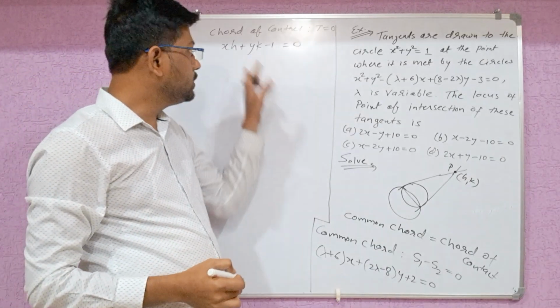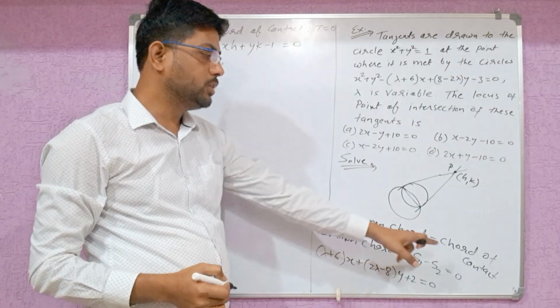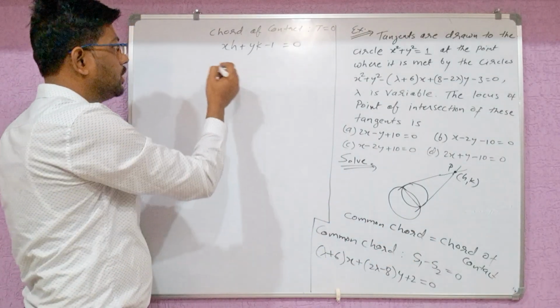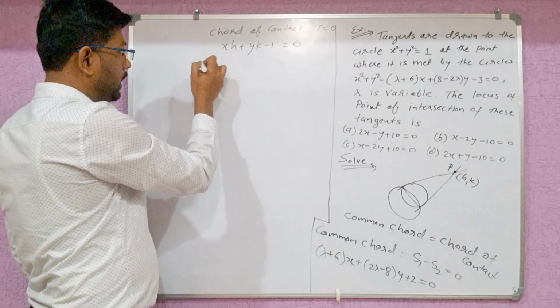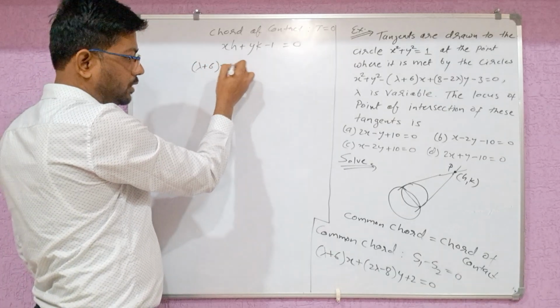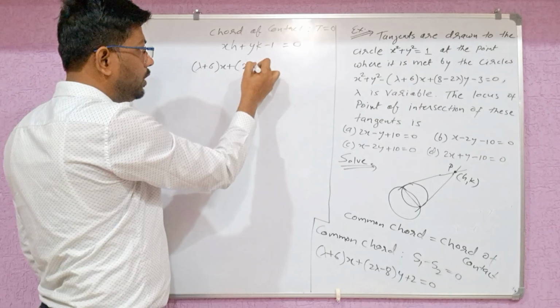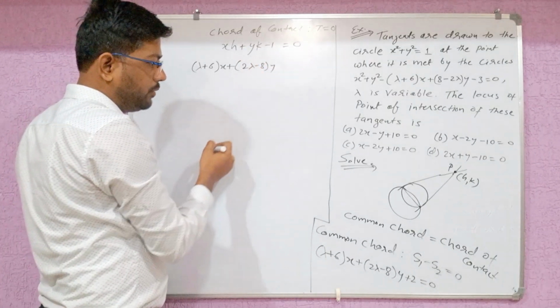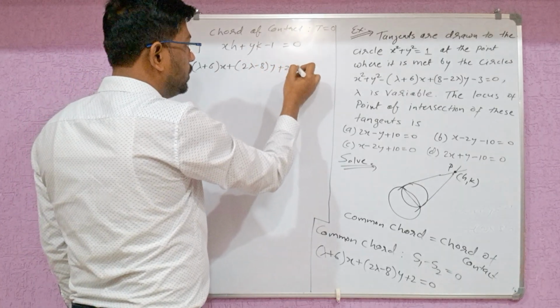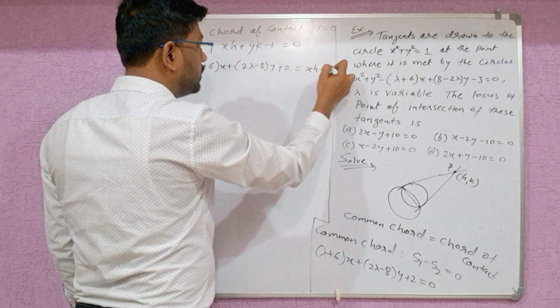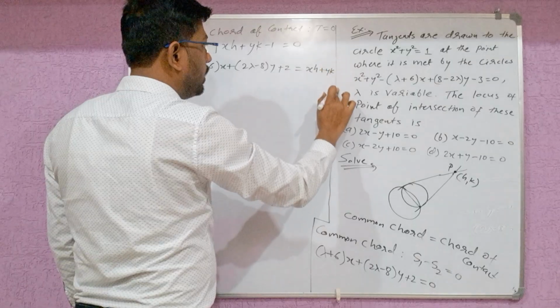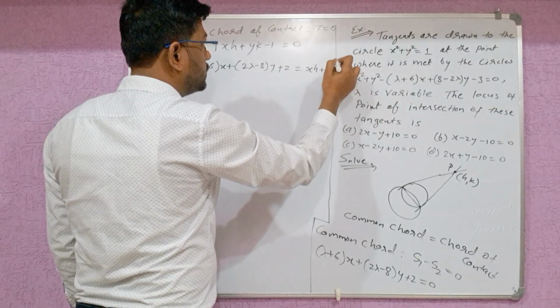Now this and this will be equal, because the common chord is equal to the chord of contact here. So I am equating this: lambda plus 6 x plus 2 lambda minus 8 y plus 2, equal to xh plus yk minus 1.